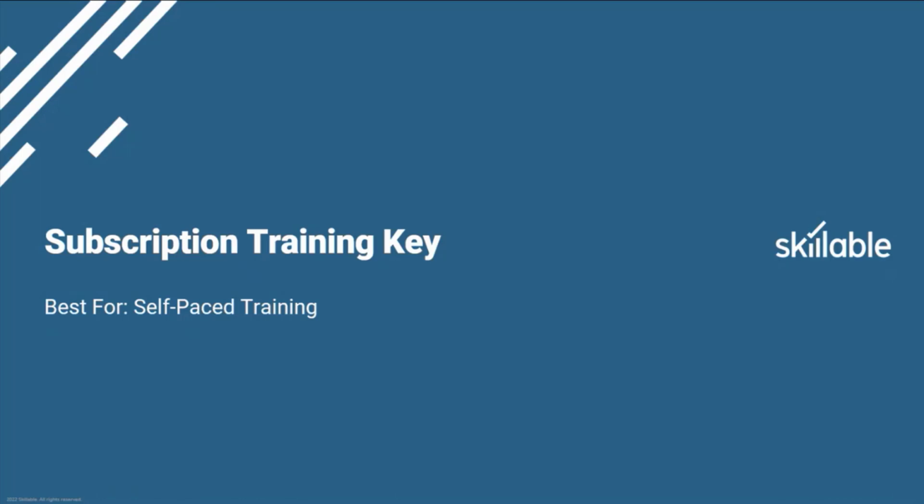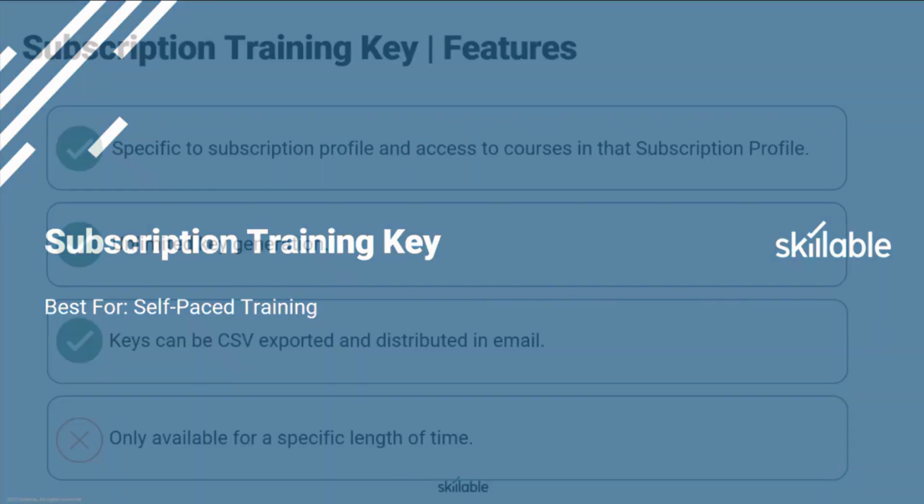As you know, a subscription is built up of a number of different courses that you are offering them, all different courses that they can go in and take. That is the key difference between a training key pool and a subscription key. One gives you access to a number of courses, whereas one gives you access to a singular course itself.